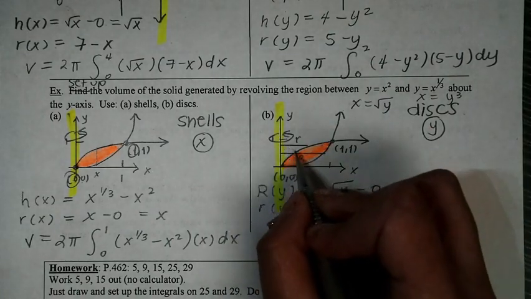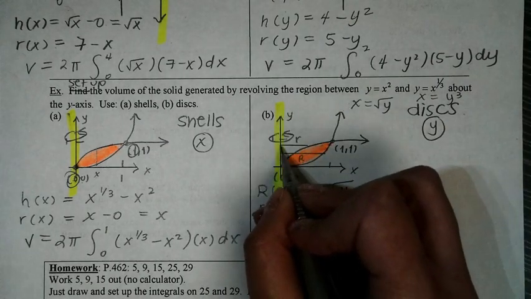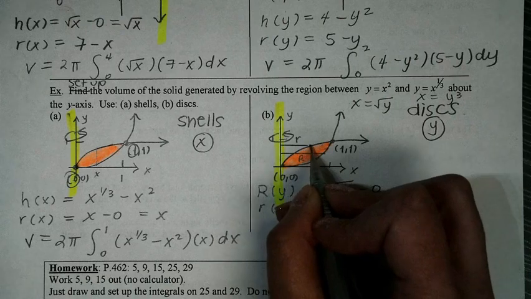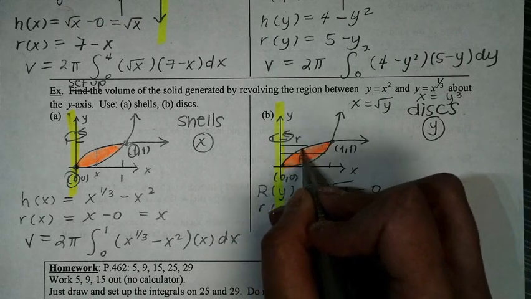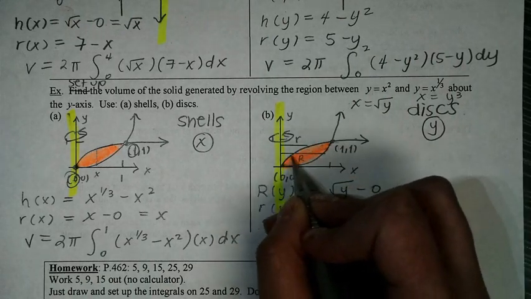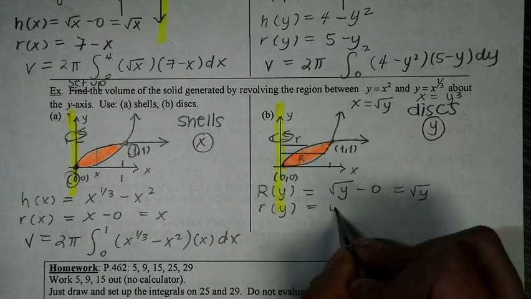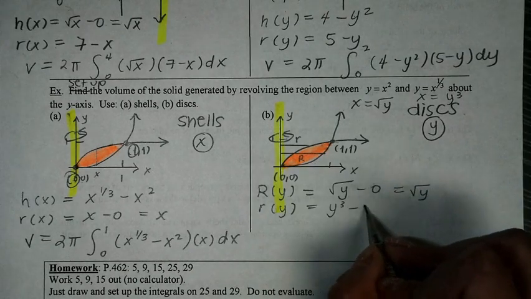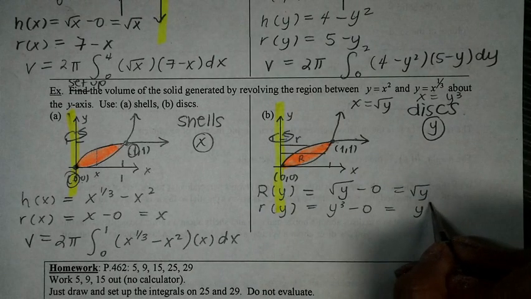Little r is the distance between the axis of rotation and the beginning of the orange section, which is this function. That's y to the power of 3, because it's right minus left, minus 0. So this is y to the power of 3.